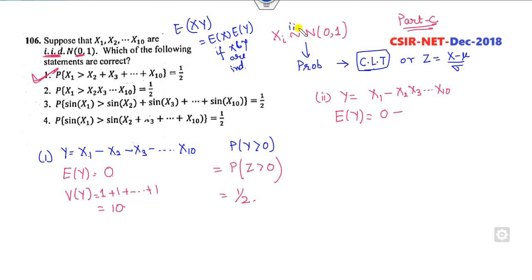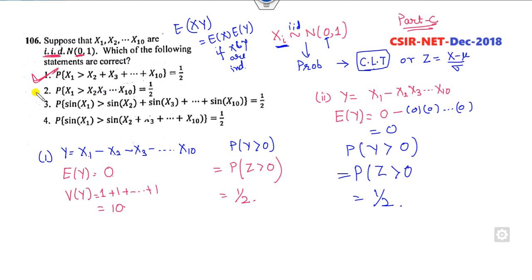But it is given that they are IID, so I can write the expected value of x2, expected value of x3, up to expected value of x10. But each expected value is 0. So this is 0. Again, whenever the expected value is 0, you can write this as z greater than 0. Again, half is the right answer. This is also a correct option.